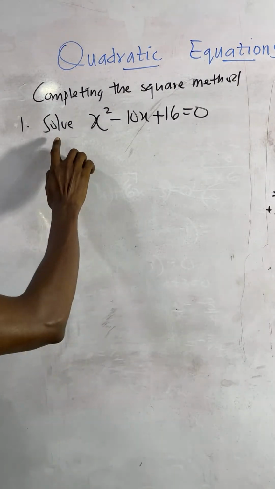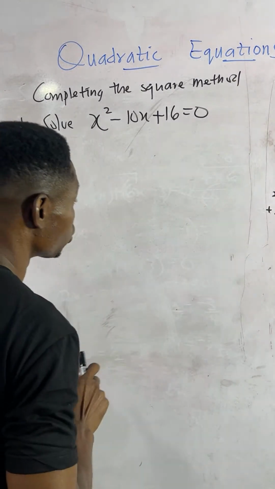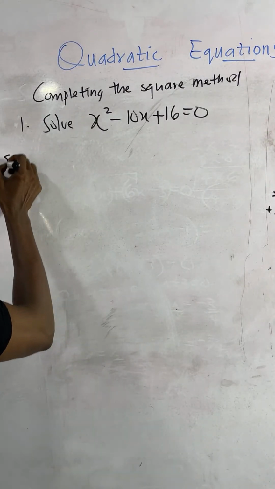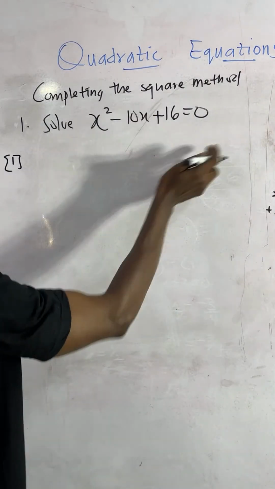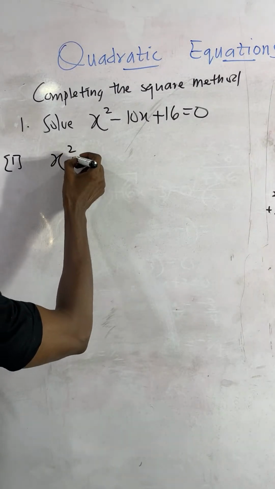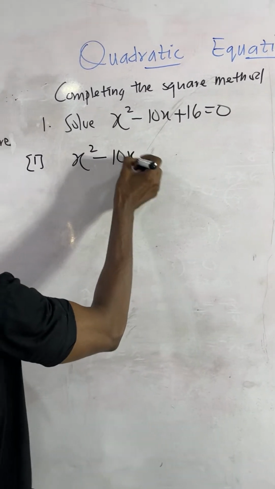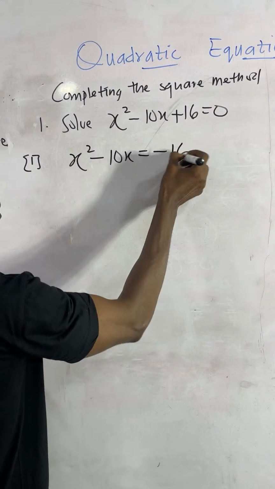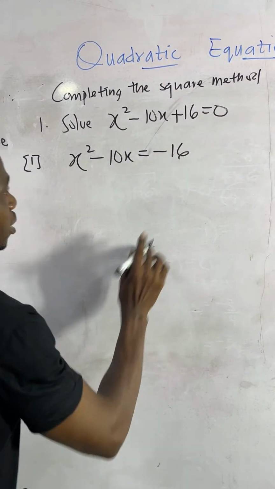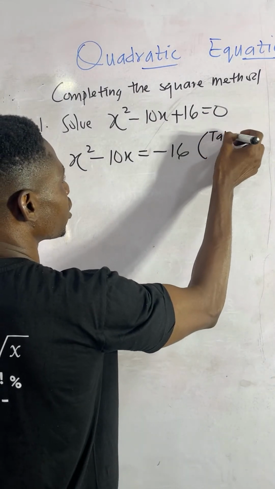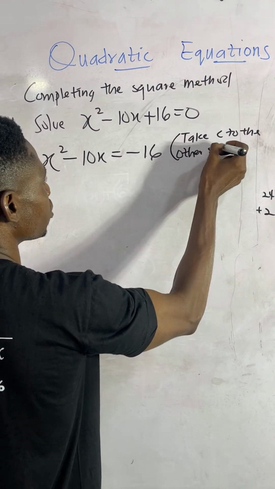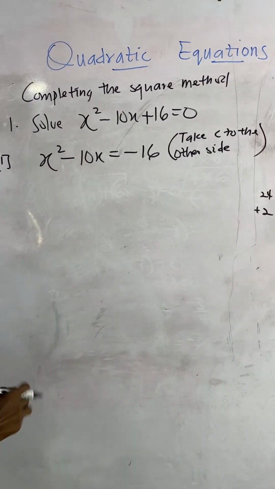Now, when solving by completing the square method, the first thing you do is that you take c to the other side. So you have x squared minus 10x equal to -16. So that's the first thing to do.